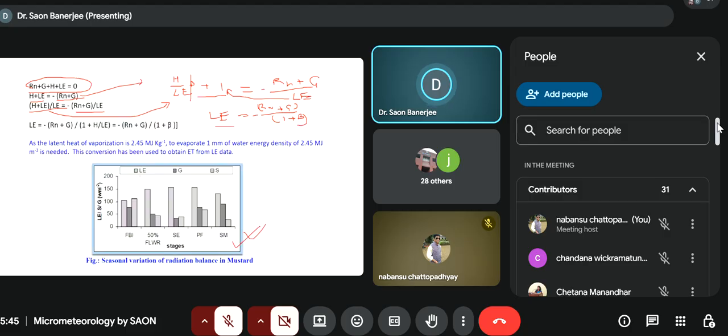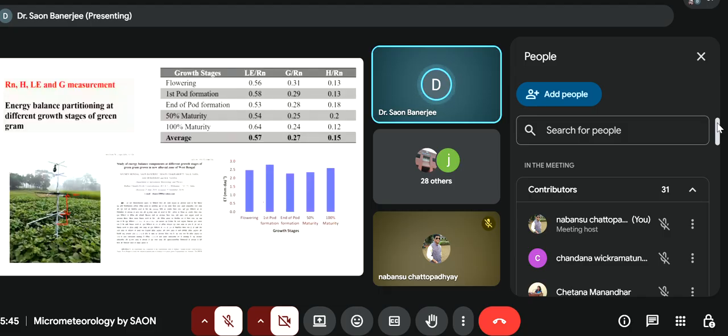Now you can know how energy is changing, and from the LE value, if you multiply it with the heat of vaporization, you will get the evapotranspiration. For example, 8 millimeter per day at flowering, pod formation, end of pod flowering, 50% maturity, 100% maturity.